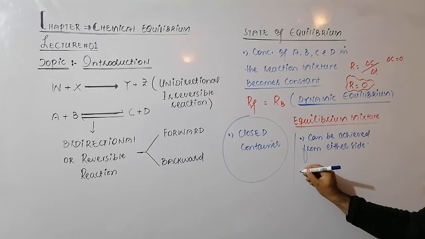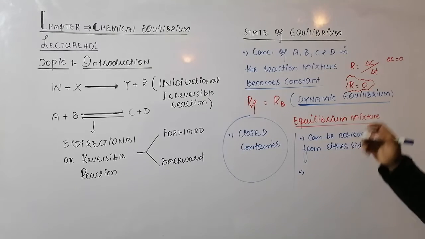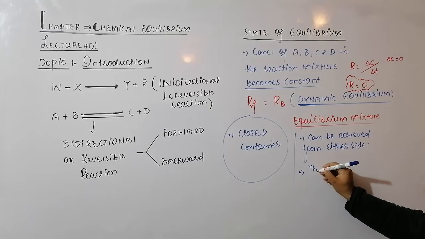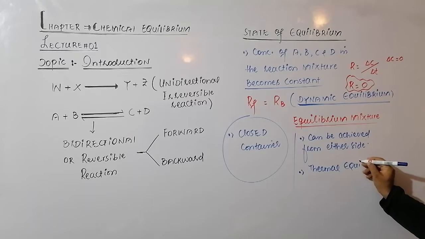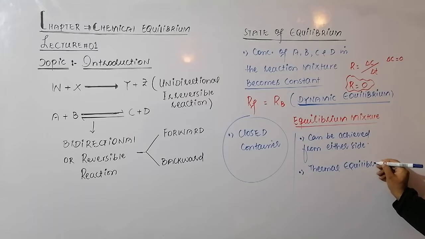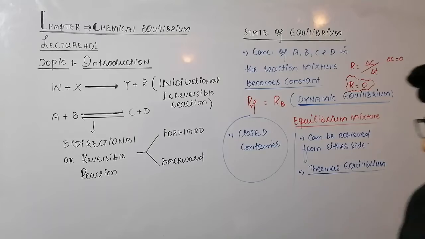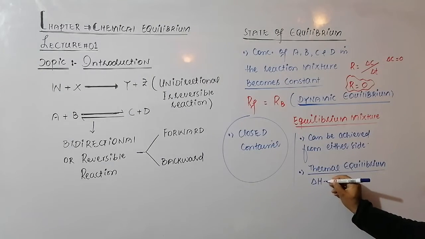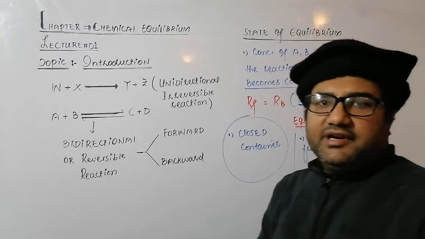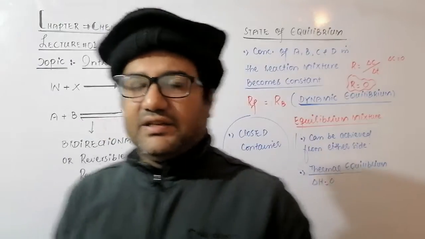Now next, you know that at the state of dynamic equilibrium there is thermal equilibrium as well. This is rather a condition that at the state of dynamic equilibrium there is thermal equilibrium, which means that the change of enthalpy also becomes equal to 0.